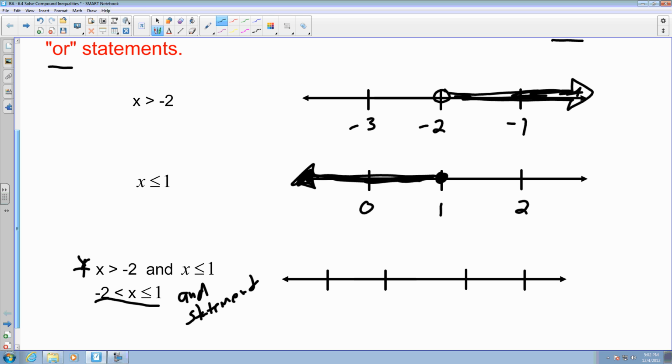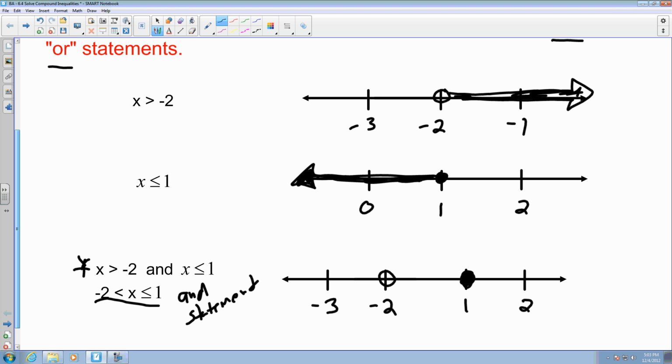And how you graph it like this is put my -2 here and my 1 here. So I'm going to put one that's larger than 1, which is 2, and one that's smaller than -2, so that's a -3. For the -2, it is an open circle. For the 1, it's a closed circle.